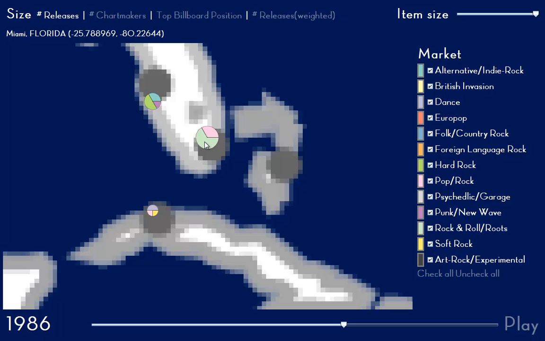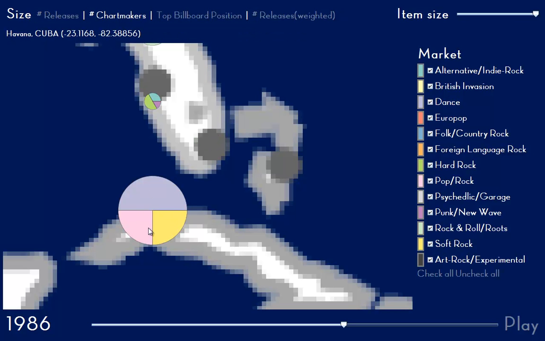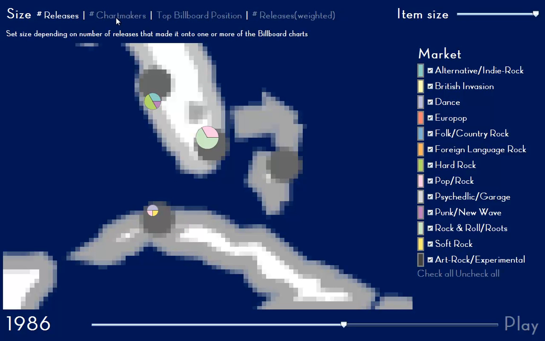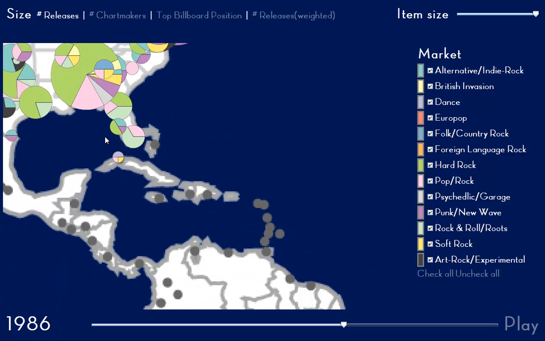However, if we switch the size selector and look at the number of chart makers, then we can see that the Havana albums released that year were very popular, whereas the greater number of albums released in Miami did not make the Billboard charts.